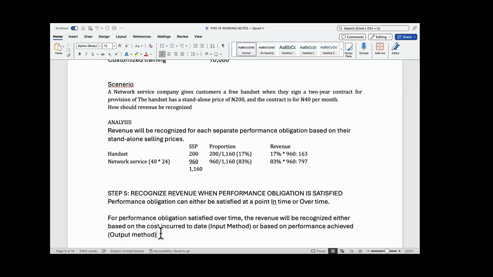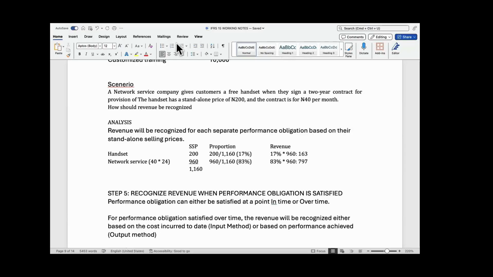Now that we are already at the end of the 2nd month, we just do 2/4 times the total money that we have collected so far. That's the amount that we can recognize as revenue. So let's say we have collected 100,000 and we recognize 50,000 as revenue.